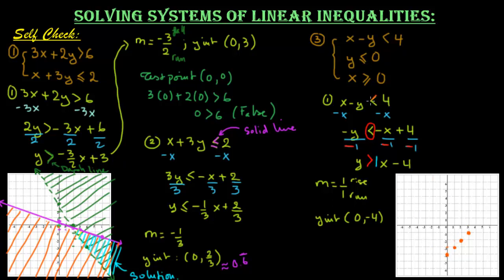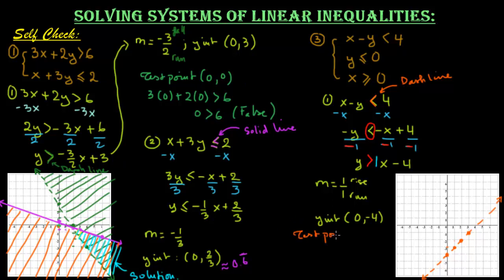Since we have less than without the equal sign, that will be a dashed line, or a dotted line. So I connect them by a dashed line, which looks like this.